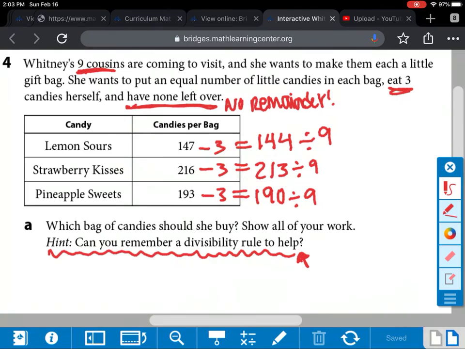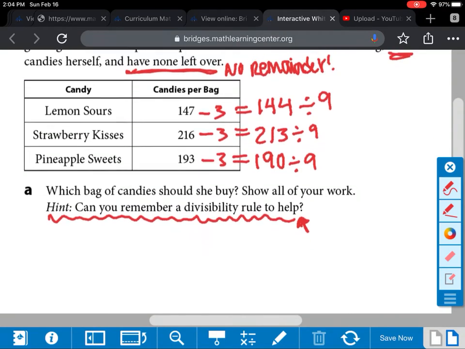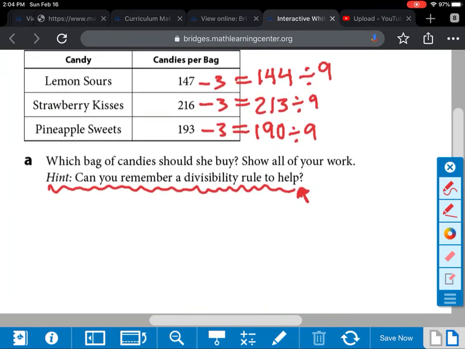So I will tell you the fun fact. When we're dividing by 9, if we add the digits in the number that we're dividing and they add up to 9, that means that we can divide that number by 9 and have no remainder. Let me show you what I mean. If I look at 144, I want to know if 144 is divisible by 9.